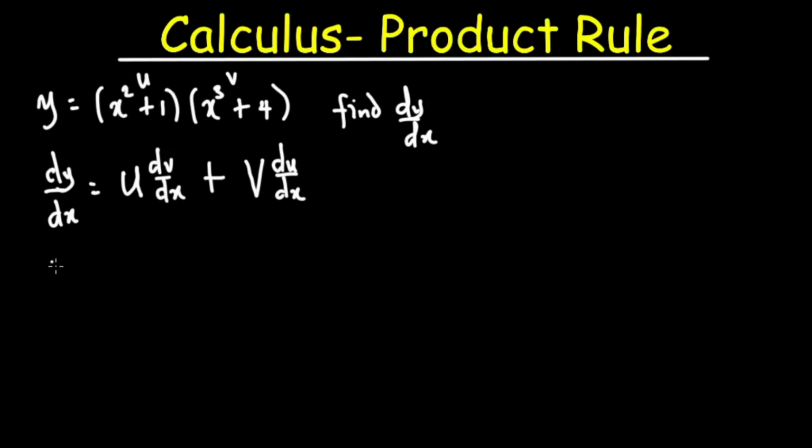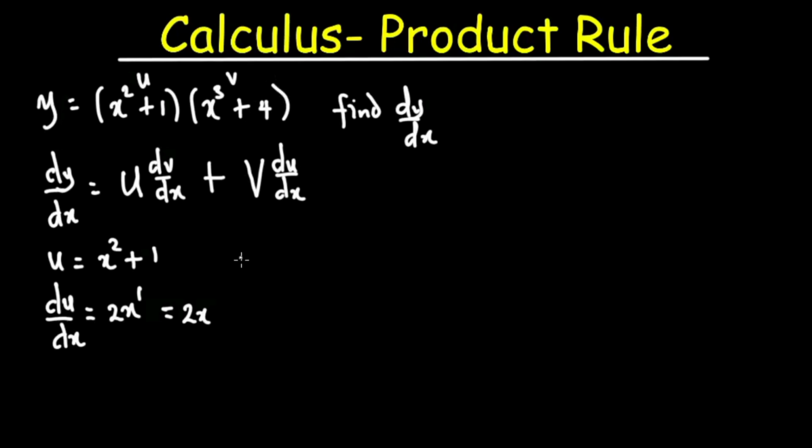So we can say that u is equal to x squared plus 1. When you differentiate u, du/dx is equal to, you multiply the power by the coefficient. The coefficient is 1, so 2 multiplied by 1 is 2, then x, then subtract 1 from the power, 2 minus 1, 1. Whenever you differentiate a constant, you have 0. So you have this to be 2x.